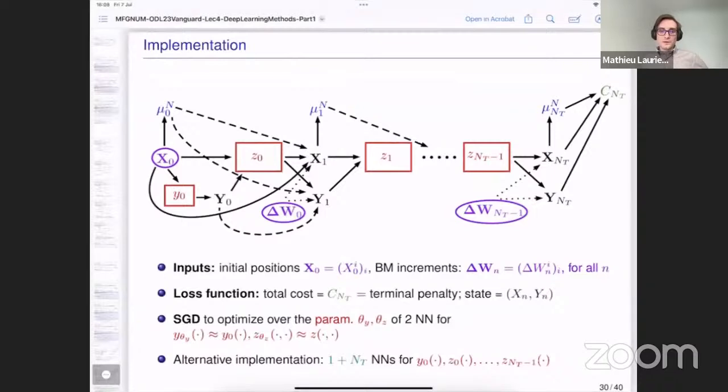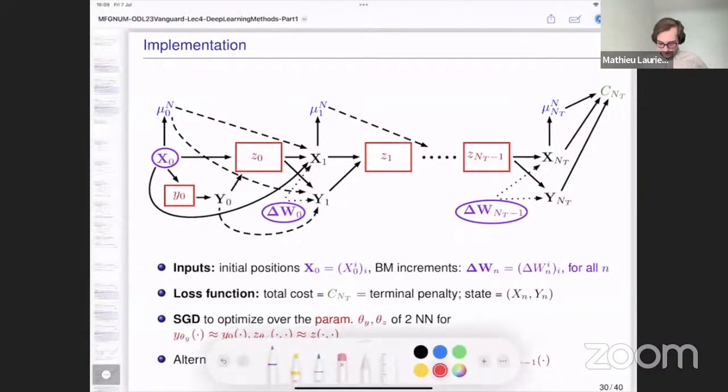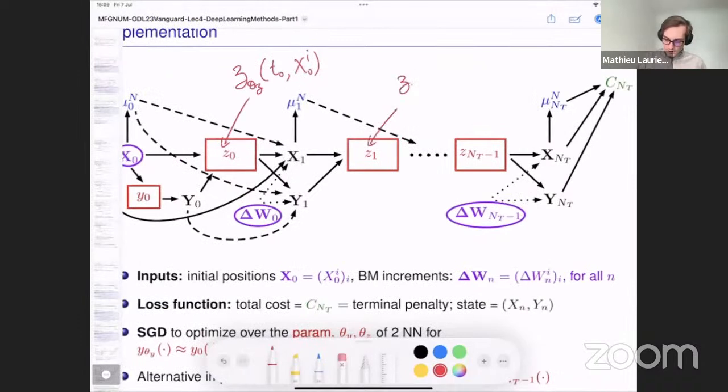The 2 neural networks are in red here, so y0 and z. For z, the way I present it, this is the neural network z parameterized by some parameters, let's say theta z, evaluated at t0, and then you evaluate it at each of the x0 i for different i. Same thing, you take z parameterized by the same parameters at time t1, and you evaluate it at xi t1.